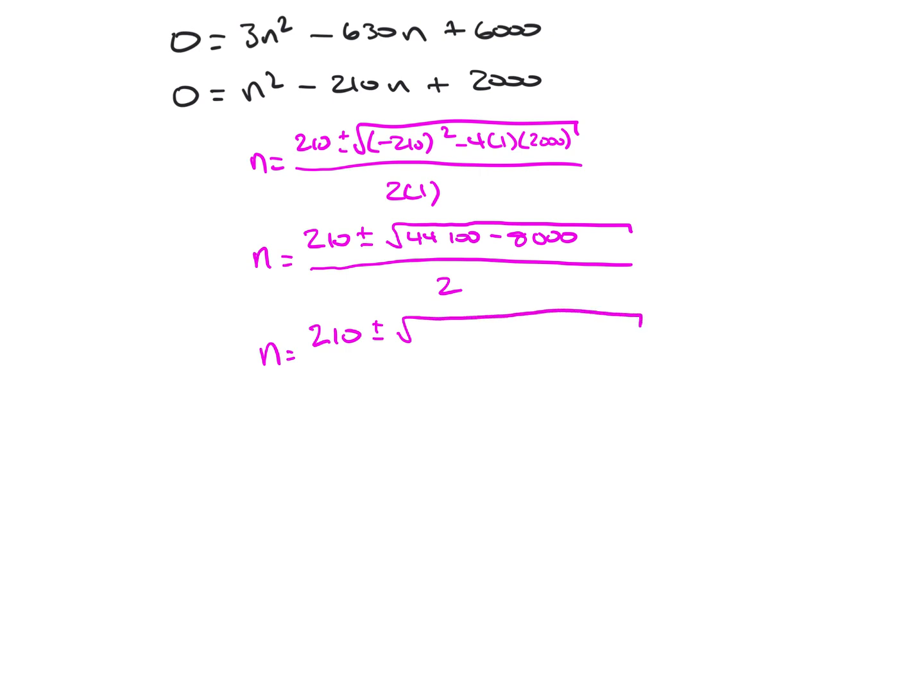So if you subtract the numbers in the root, you get 36,100, all over 2. The square root of 36,100 is 190.